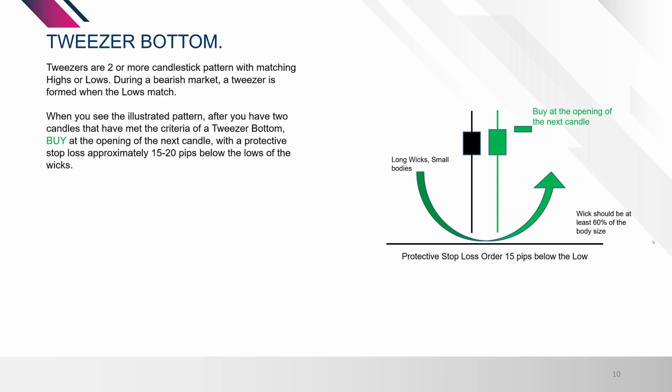So when you see the illustrated pattern, after you have two candles that have met the criteria of a tweezer bottom, buy at the opening of the next candle with a protective stop loss approximately 15 to 20 pips below the lows of the week.